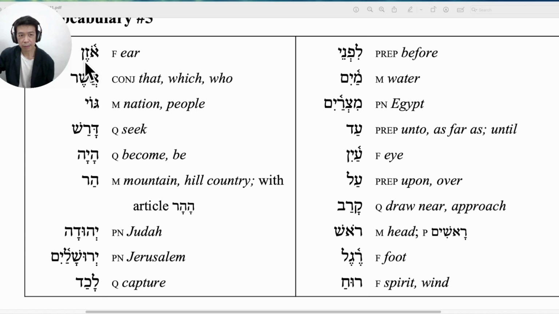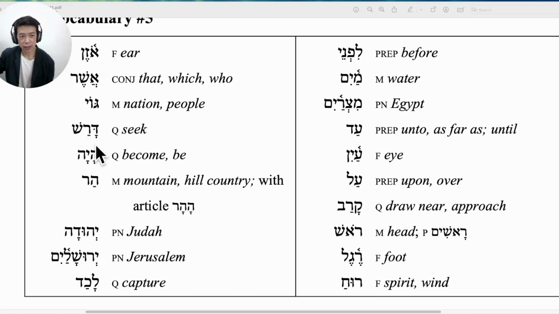The next word is a conjunction meaning that, which, or who: asher. The next word means nation or people: goy.